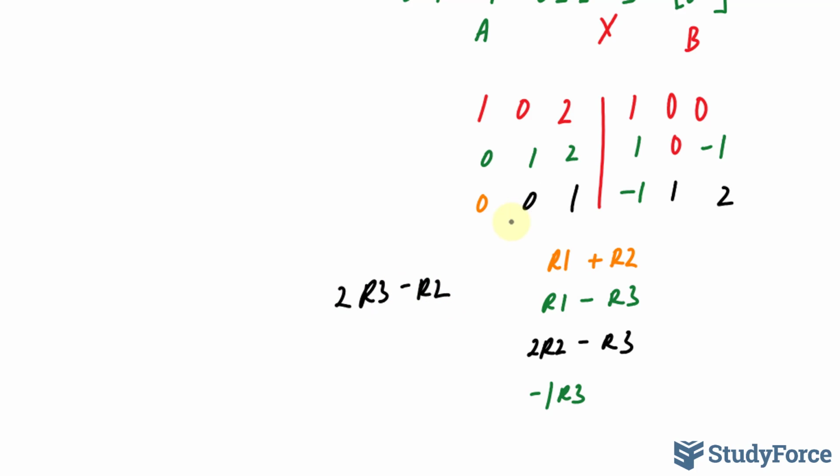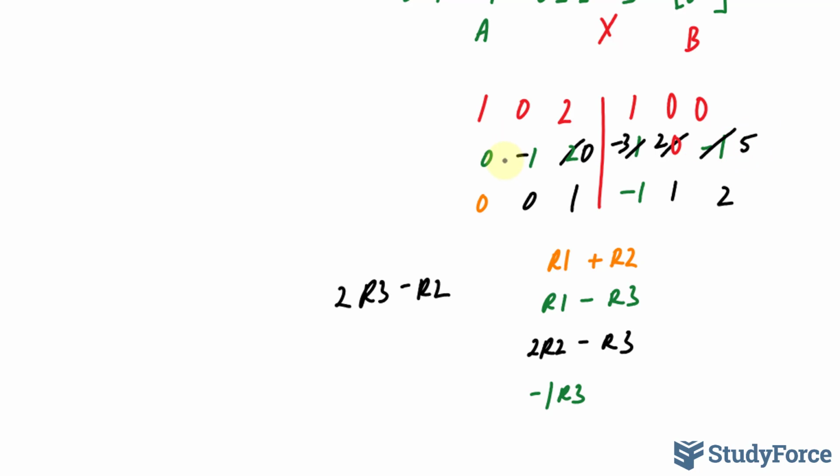Starting with this 0, 0 times 2 is 0, minus 1 is negative 1. 2 times 1 is 2, minus 2 is 0. Here we get negative 2, subtracting that from 1, that's negative 3. 2 times 1 is 2, minus 0 is 2. 4 minus negative 1 is 5.